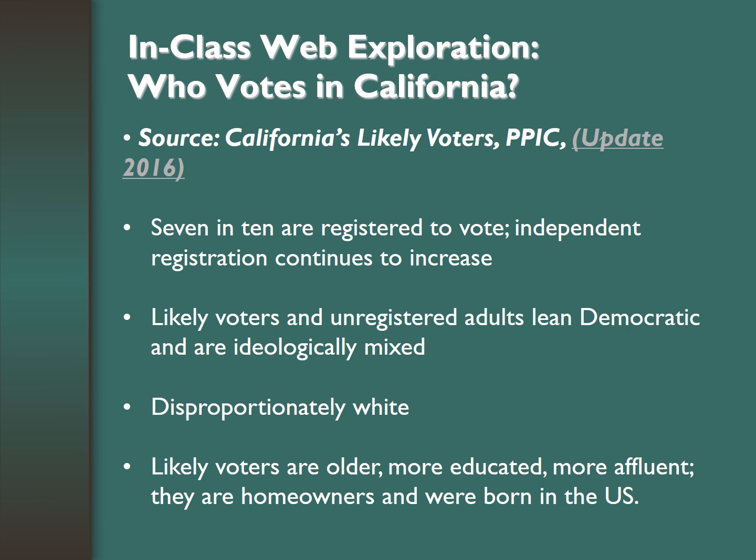If you look at likely voters and unregistered adults, polls have been taken, and they definitely lean more Democratic, although they are ideologically mixed here as well, where 35% of likely voters tend to lean more liberal, 29% are moderate, 36% are conservative, and so again here, even though they register Democrat, there's some aspects of California voters that still have a conservative streak to them, and that should not be a surprise.